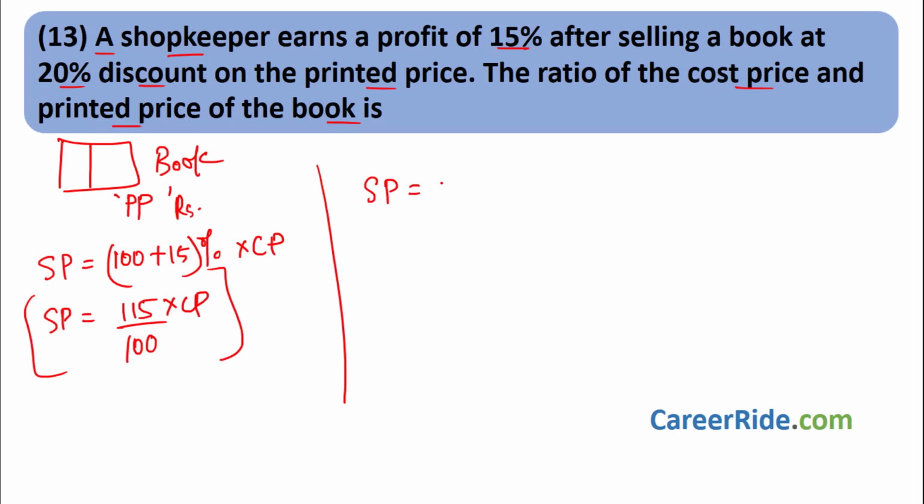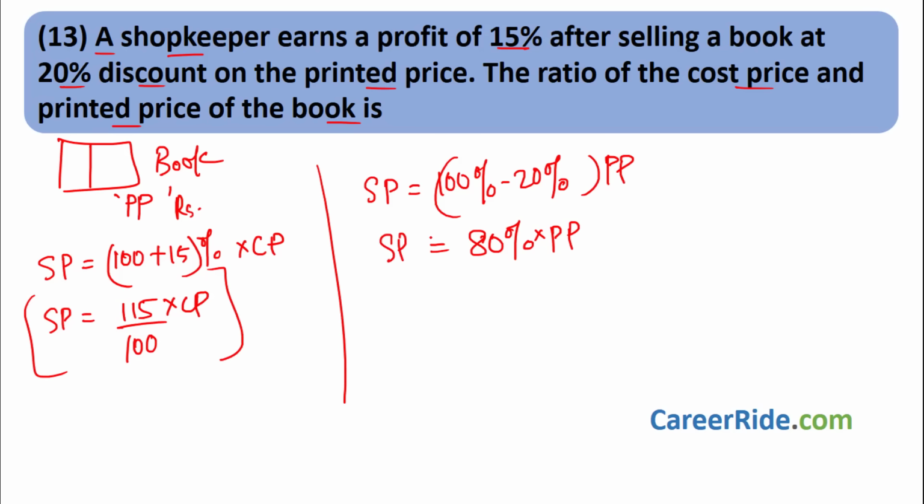So how much would be the selling price? It would be simply 100% minus the 20% discount on the printed price. That would be 80% of the printed price, right? Because a 20% discount is there, so the customer has to pay only 80% of the printed price. This is also the selling price, that is nothing but 80 into PP divided by 100. Both these are selling prices, so they have to be equal.